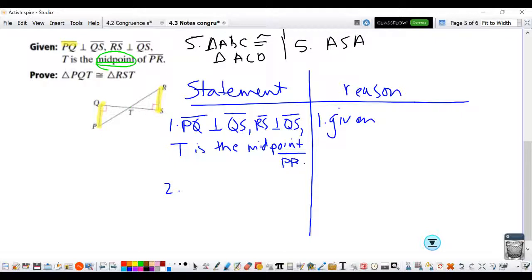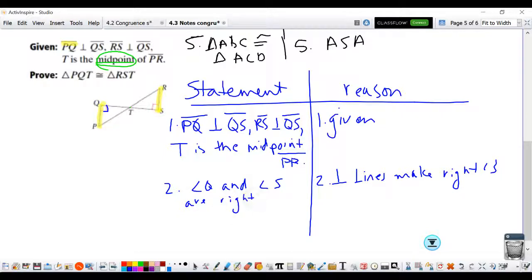All right, let's start with our right angles. So we know that perpendicular lines make right angles. So I can say that angle Q and angle S are right angles.